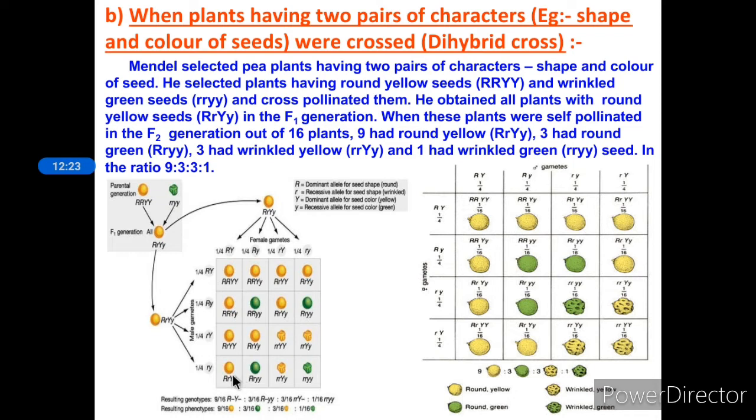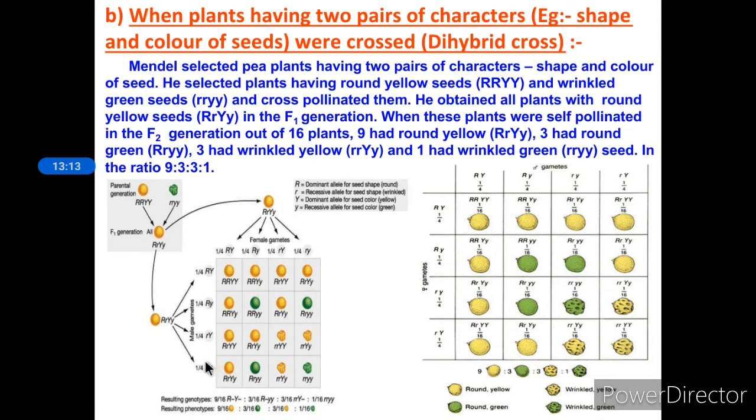Out of 16 plants, 9 had round yellow, you can see 1, 2, 3, 4, 5, 6, 7, 8 and 9. 3 had round green, 3 had wrinkled yellow, and 1 had wrinkled green. So it was in the ratio 9:3:3:1.